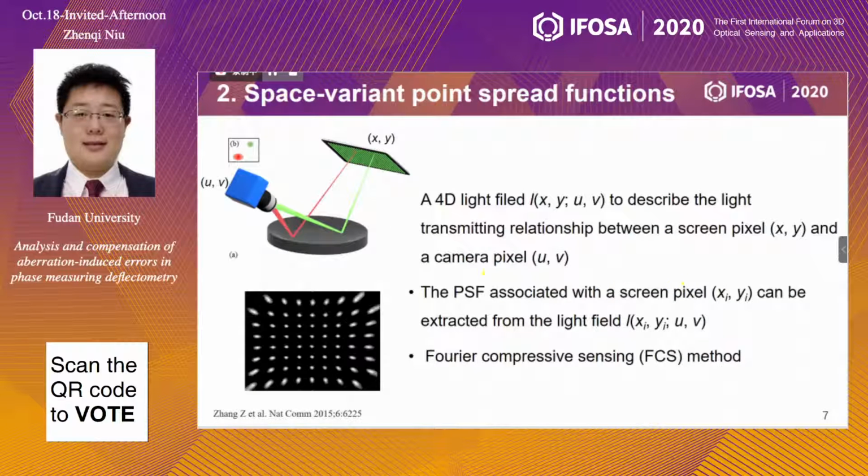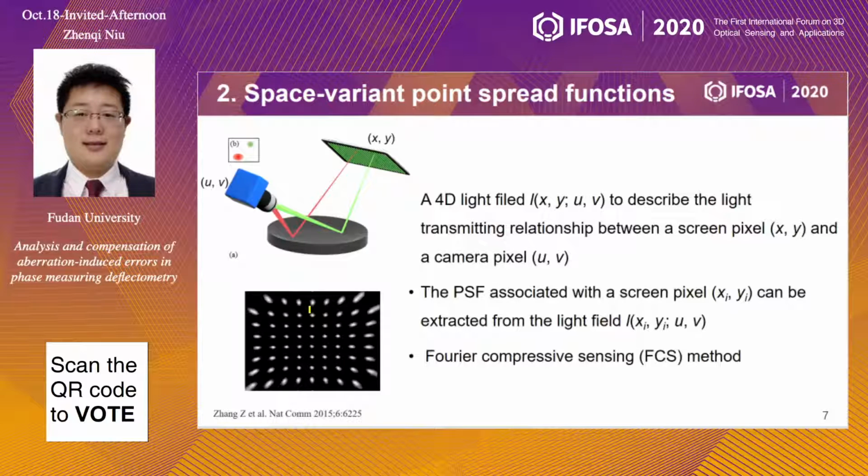The local forms and local curvatures of the freeform are different. Therefore, the blurring kernel caused by the defocusing and the optical aberration varies with different surface regions, like this picture. So a common PSF cannot describe the whole aberration. Space-variant PSFs are significant to provide more accurate blurring kernels.